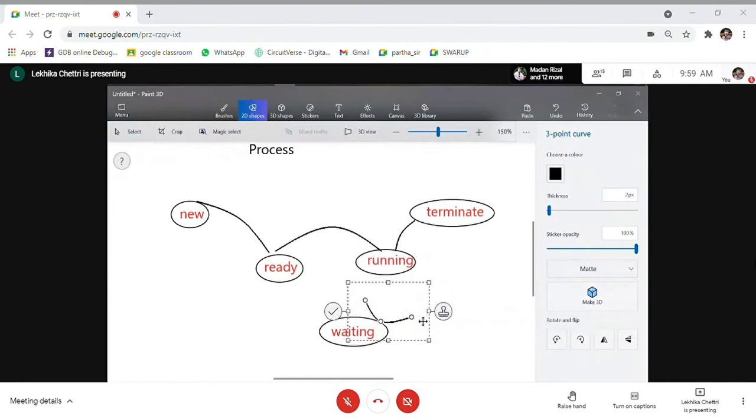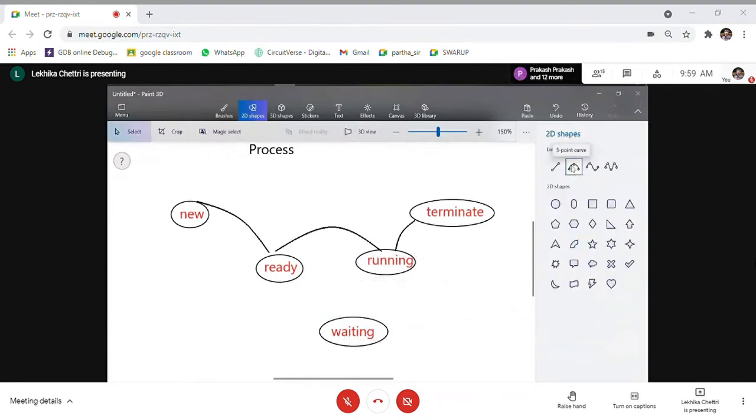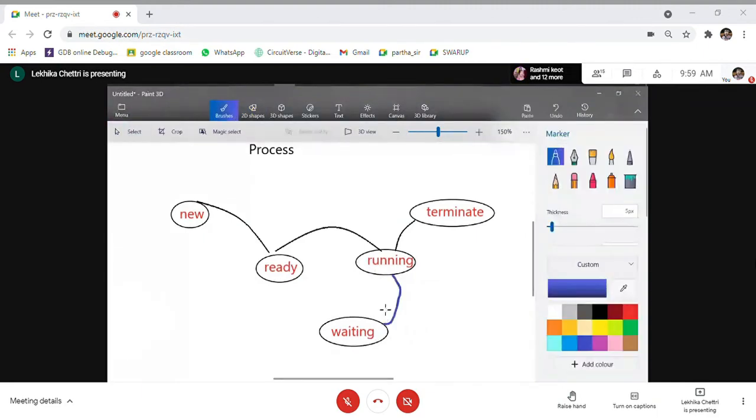Okay, let me do the remaining. This one and this one.